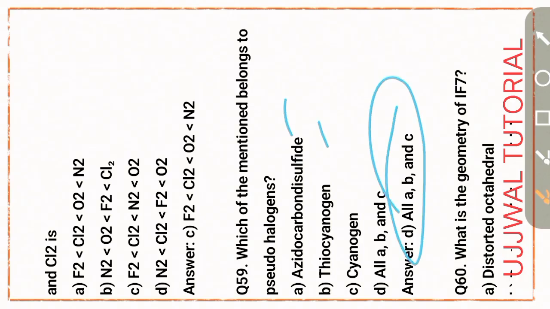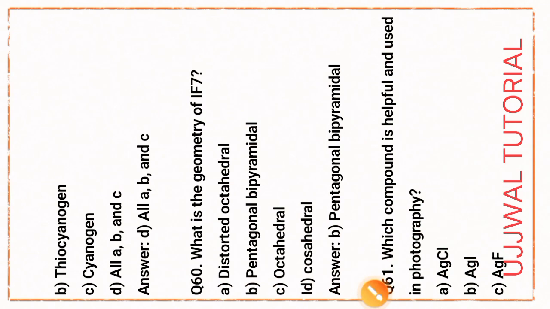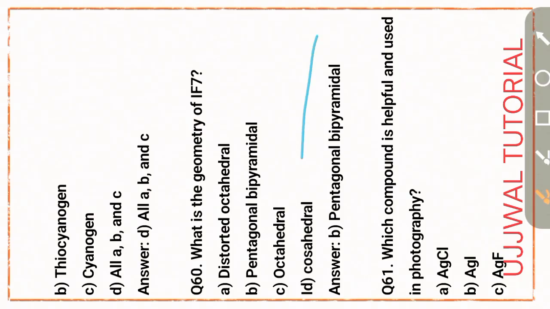That is A, B, C statements are true. Okay. Next question. Question number 60. What is the geometrical shape of IF7? Okay. That is option B, pentagonal bipyramidal. Pentagonal bipyramidal, B is the right answer.